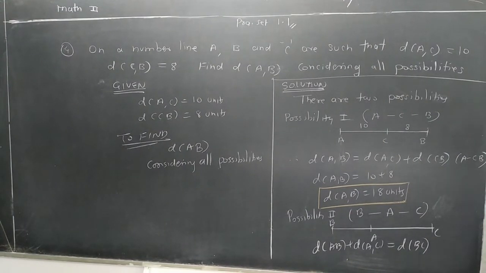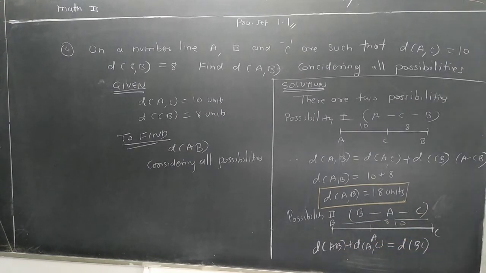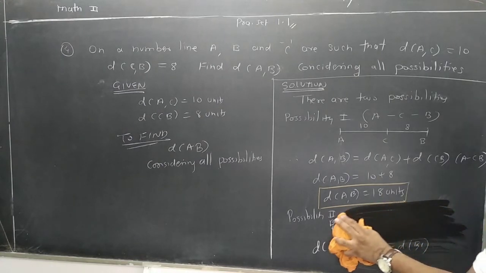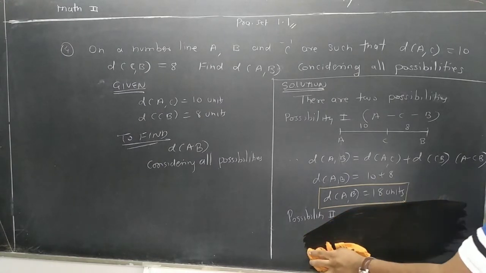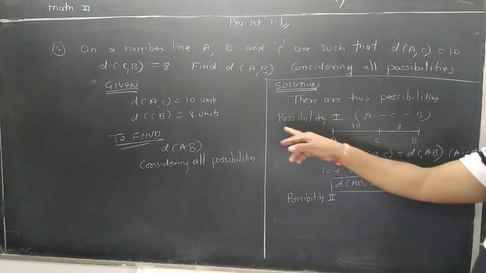See student, now AC is 10, right? But BC is 8. Is it possible? So this possibility is not there.